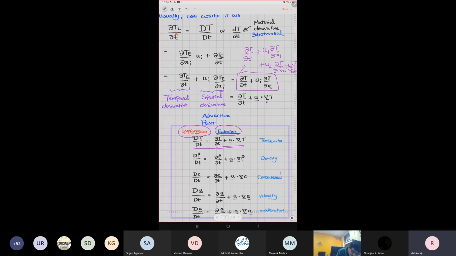U dot grad T means ui del T by del xi, with summation done on the repeated index, which is u1 del T by del x1 plus u2 del T by del x2 plus u3 del T by del x3. Because shorthand notation becomes so common in our course, you have to be comfortable.